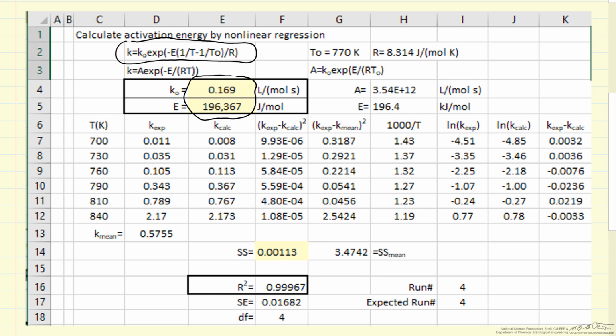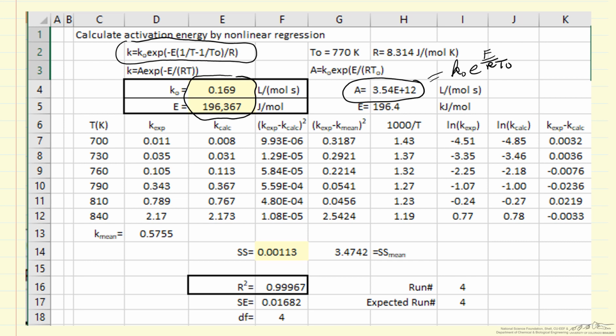If I have K0, I can calculate the pre-exponential factor because this is just equal to K0 times E over R T0, where T0 is halfway between the highest and lowest temperature, namely 770 Kelvin.